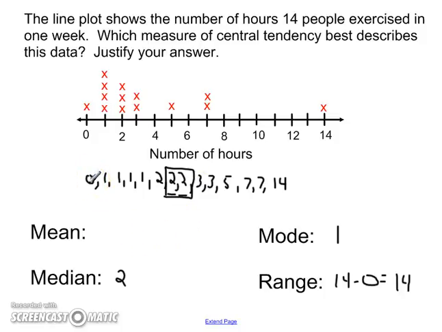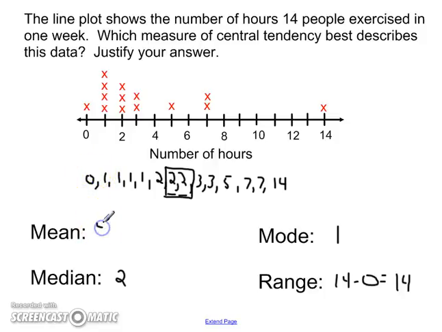So now the mean. Let me add these together, and I'm going to go backwards. I'm going to start with a big number. 14 plus 7 is 21, plus 7 is 28, plus 5 is 33, 36, 39, 41, 43, 45, 46, 47, 48, 49.